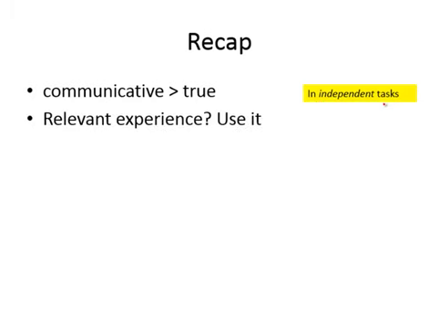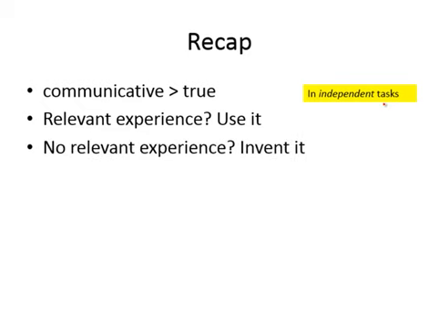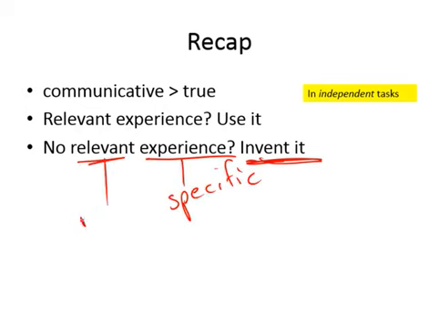It should be relevant, so if you have a relevant experience, that's great. Use it. But if you don't have a relevant experience, you can take something that you know about from your life and make it relevant. Invent a relevant experience. So this way you have some specifics and it's related to the question.